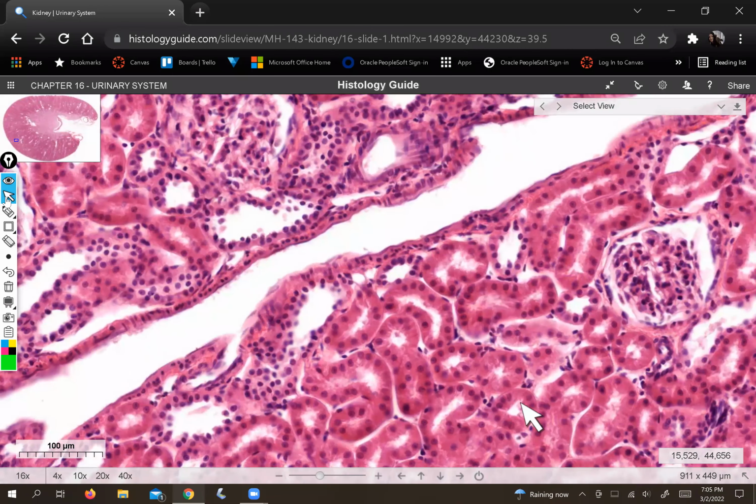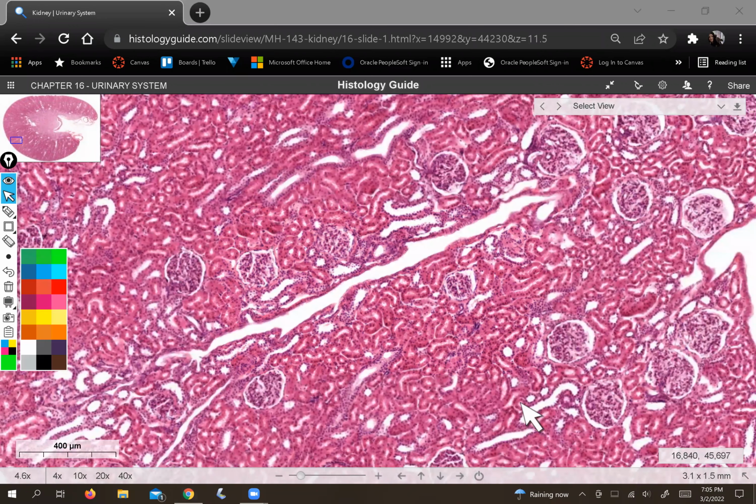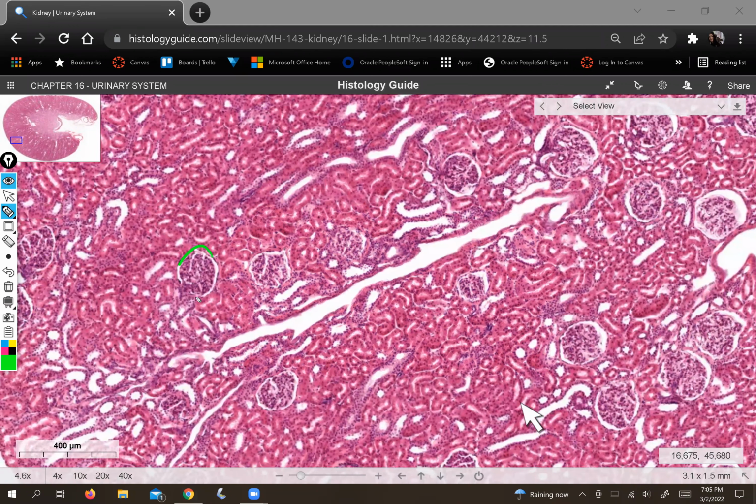Pretty easy to tell. I'm seeing squamous endothelium and smooth muscle underneath. This is going to be one of those cortical radiate arteries. And then if we zoom out a little, we can see that there are multiple corpuscles kind of clustered around it.